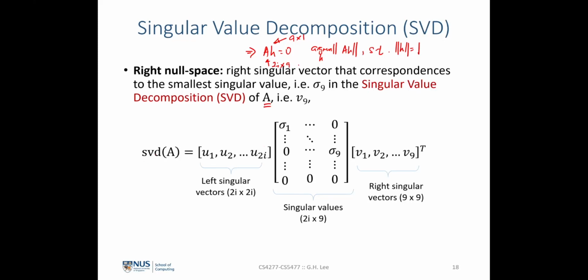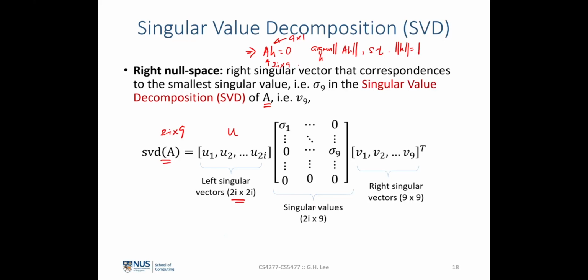We can see that taking the SVD of the matrix A, 2i by 9, we will get the left singular vectors. This is a square matrix, or the left orthogonal matrix, which we denote as U, of size 2i by 2i.